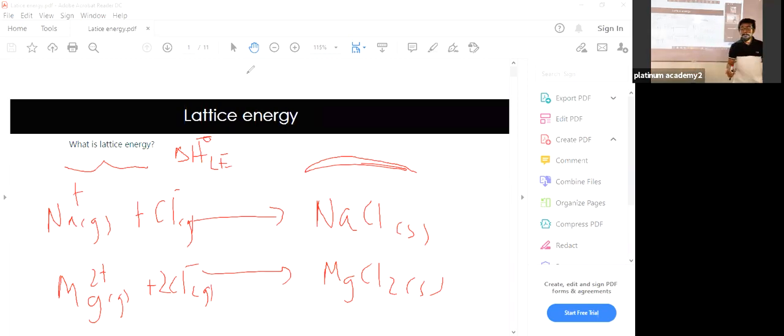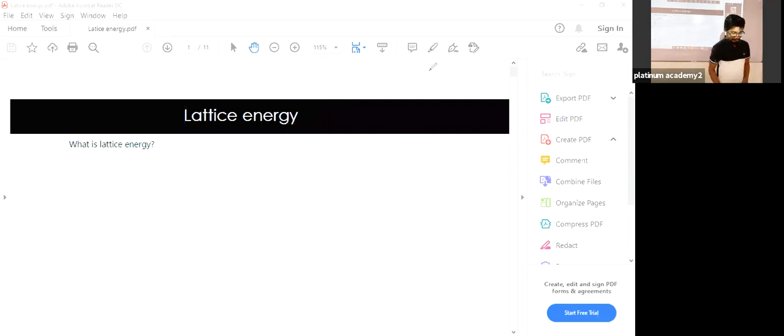Right, okay. Can I erase this? Now let's write down the definition for lattice energy. It is the enthalpy change when one mole of ionic solid is formed from its gaseous ions.